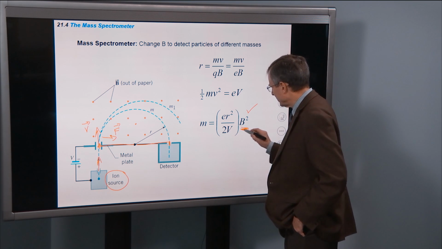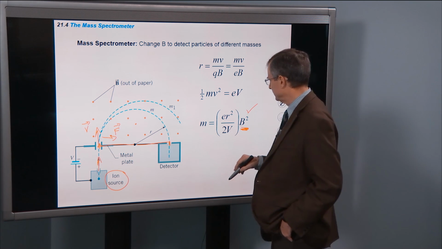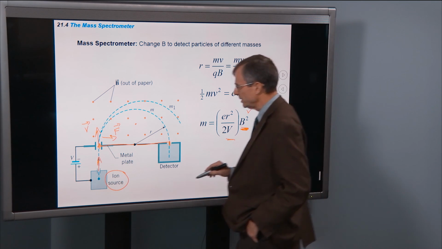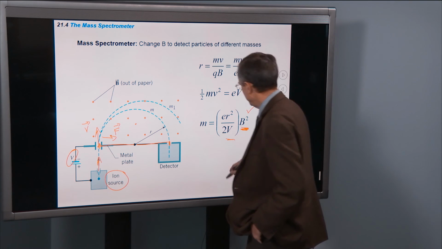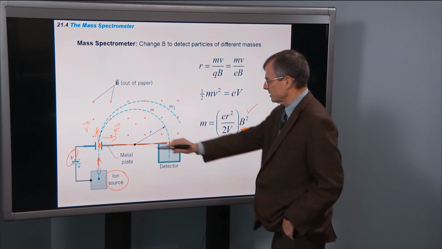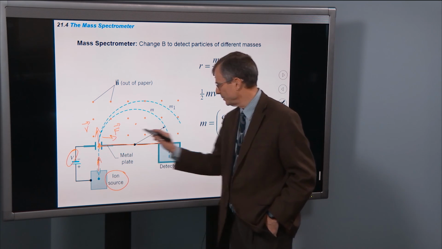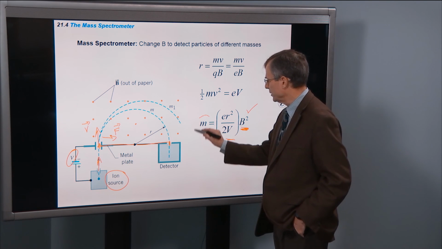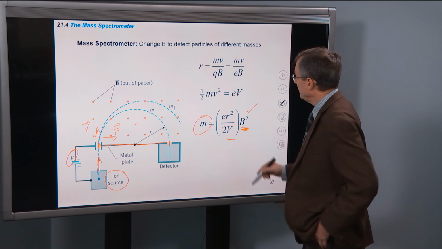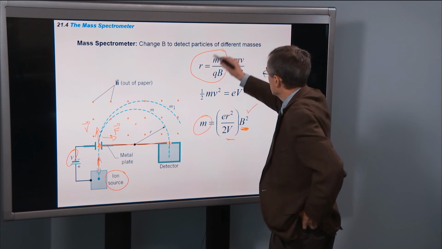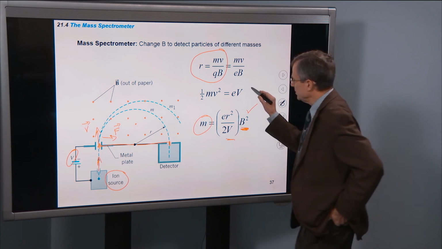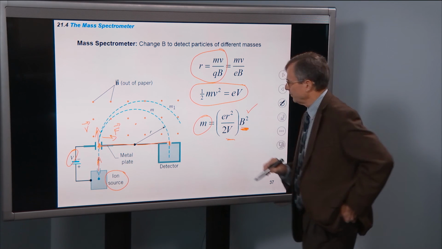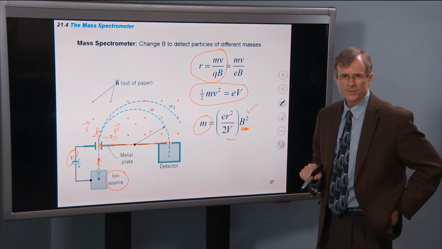And having found that value of the magnetic field, you know the potential difference. This is this potential difference voltage here. And you know the radius because you know the distance between these 2 points, and that allows you to determine the mass. And we found that using the concept that we just covered, mv over qB, and then also using conservation of energy from the last chapter.